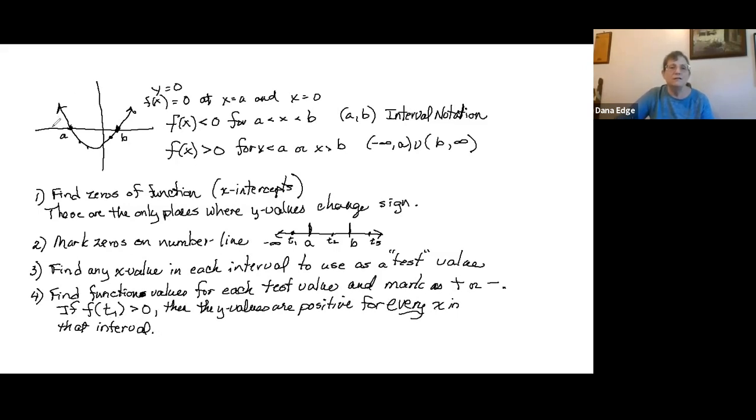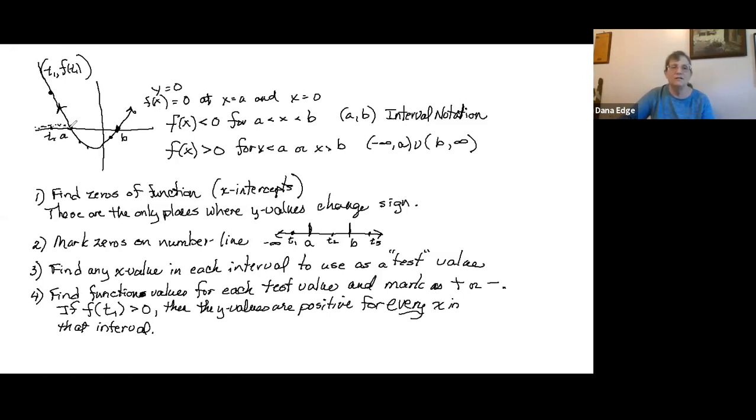If I plug in this number, T1, into this function, and I get a positive y value, it's going to keep going this way. So I've got the point T1 and f of T1. If this number gives me a positive value, then it means every x value in here is going to give me a positive value. See what I'm saying?